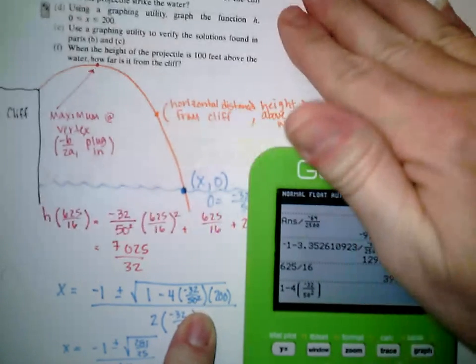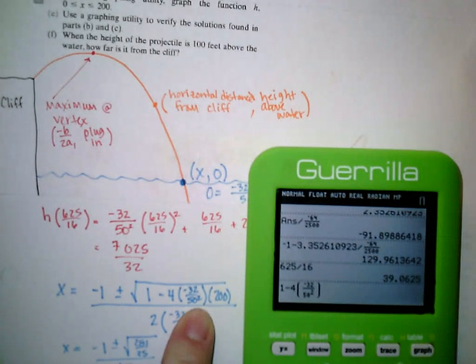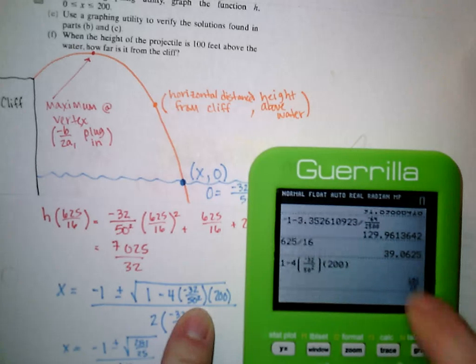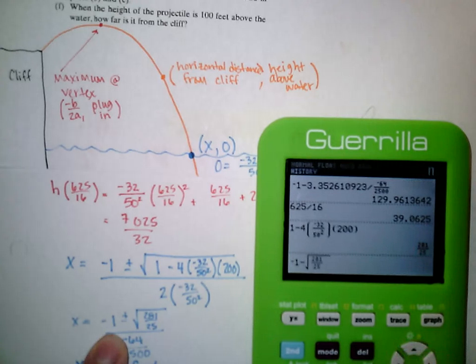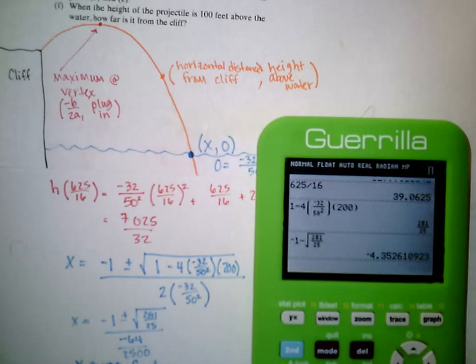Negative 4 times a times c, which was 200. So that's what's in my radical. And I needed the negative 1 minus the square root of that. Enter. And then I needed, yeah, that's where my mistake was.